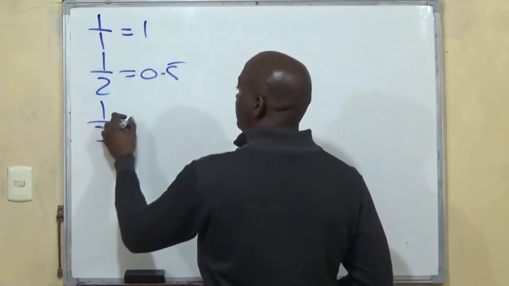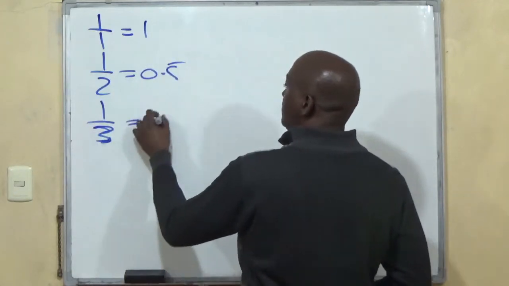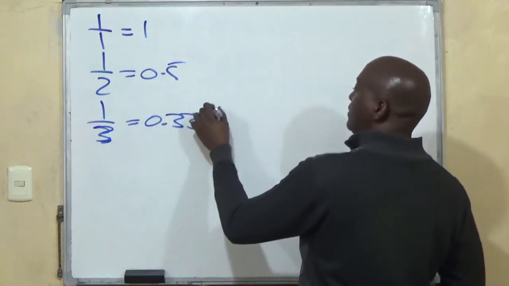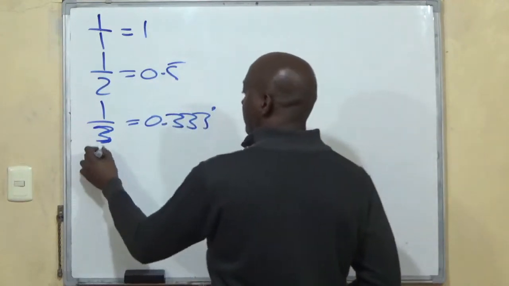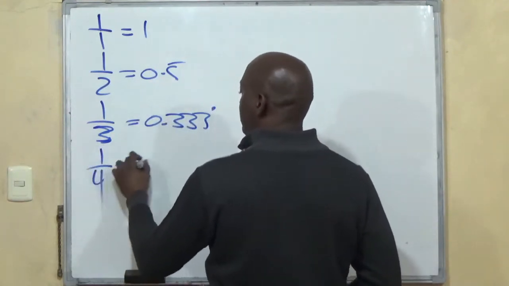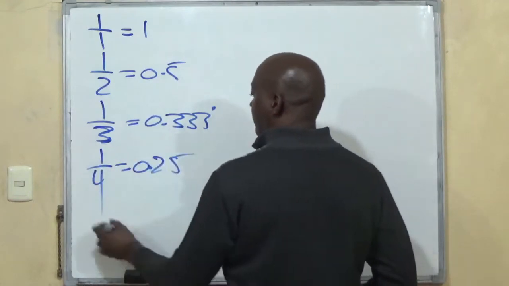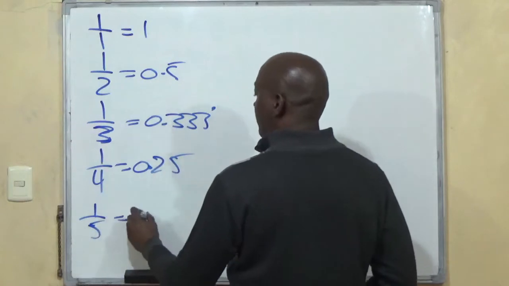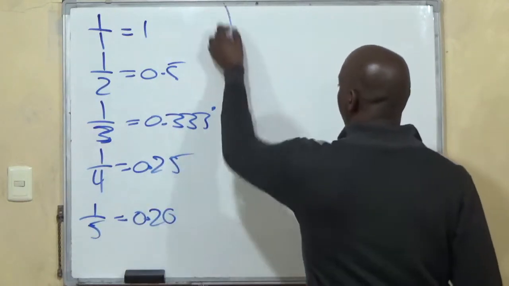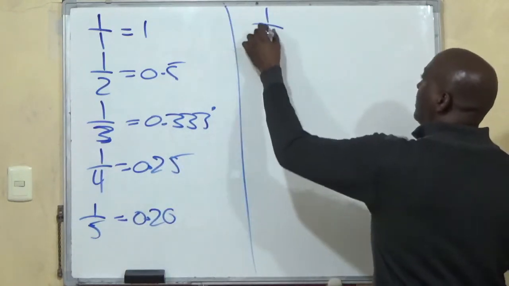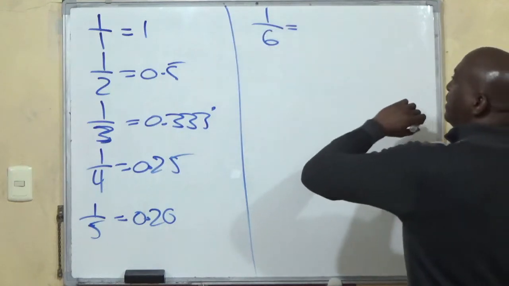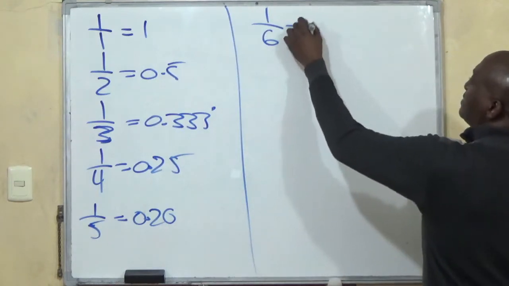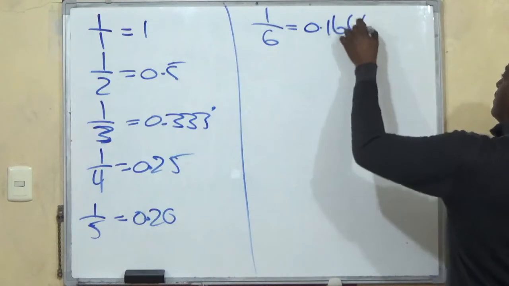1 divided by 3 is 0.333 with a dot recurring. 1 divided by 4 is 0.25. 1 divided by 5 is 0.20. 1 divided by 6, we have an exception here. 1 divided by 6 is 0.1666.